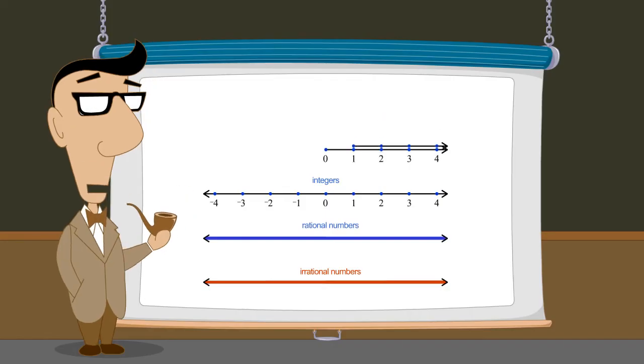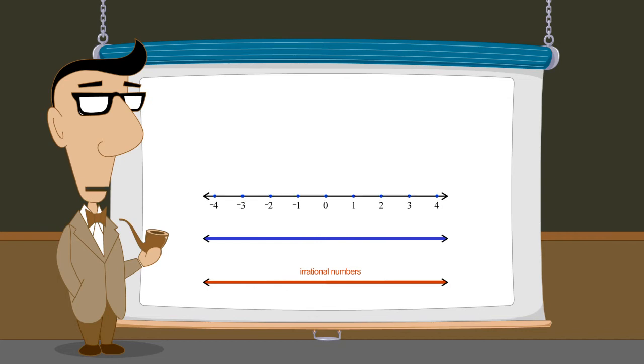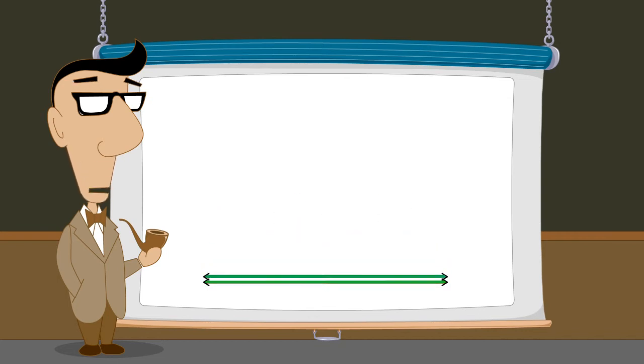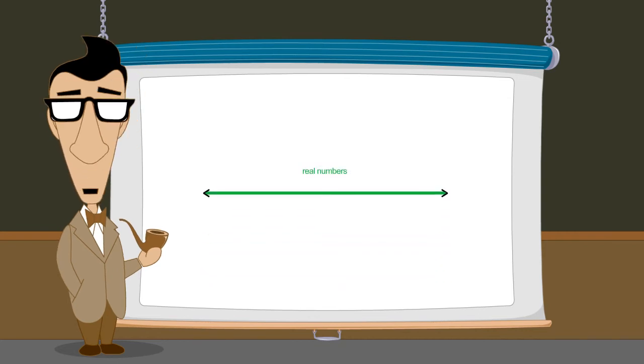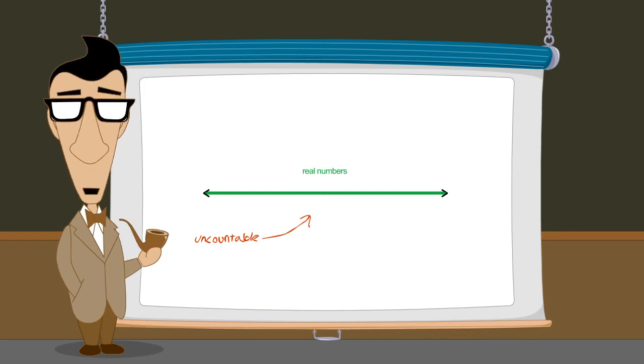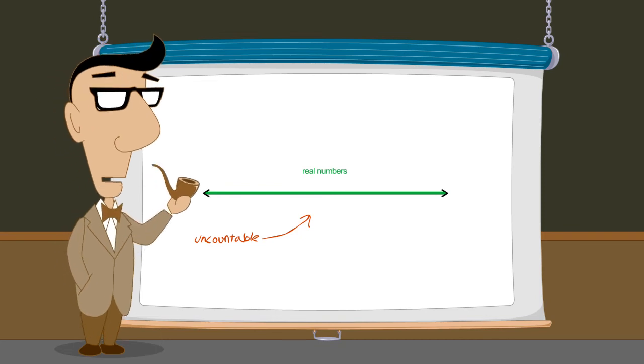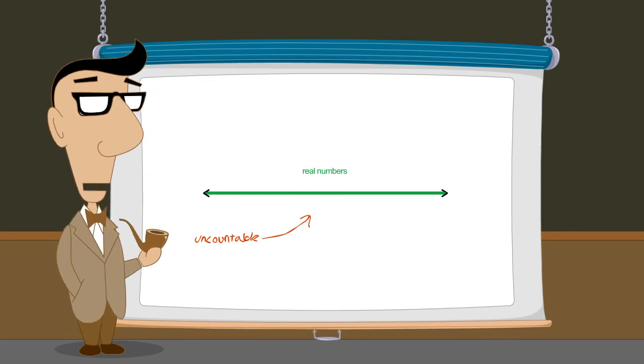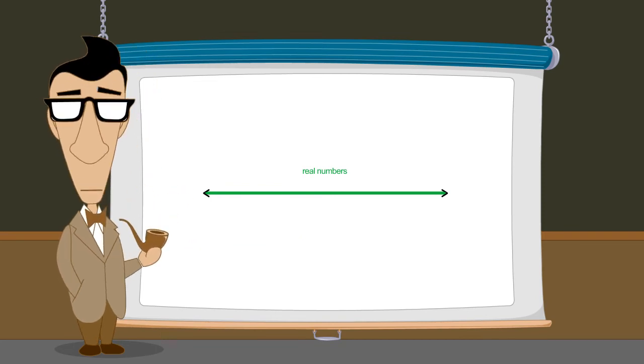We saw that real numbers are formed by combining the rational numbers and the irrational numbers. Since real numbers include irrational numbers which are uncountable, real numbers are also uncountable. In other words, the infinite collection of real numbers is the same size infinity as the infinite collection of irrational numbers. Unlike the rational and irrational numbers, every point on the number line corresponds to some real number.